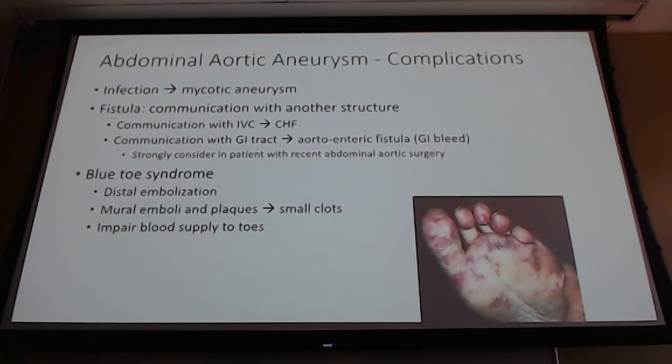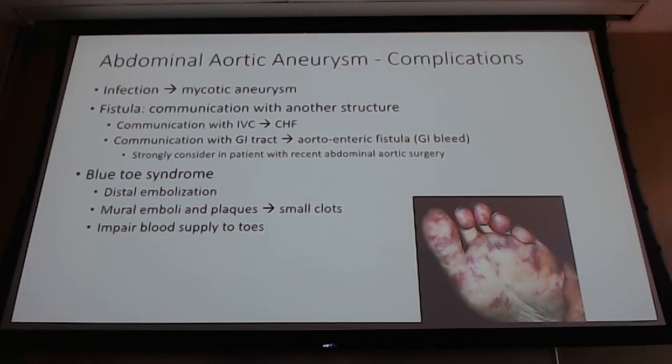All right, so complications. If we are putting a foreign object into our aorta, infection is the number 1 complication. It's still rare, but it can happen. So a mycotic aneurysm can then form either distally or around the stent itself.